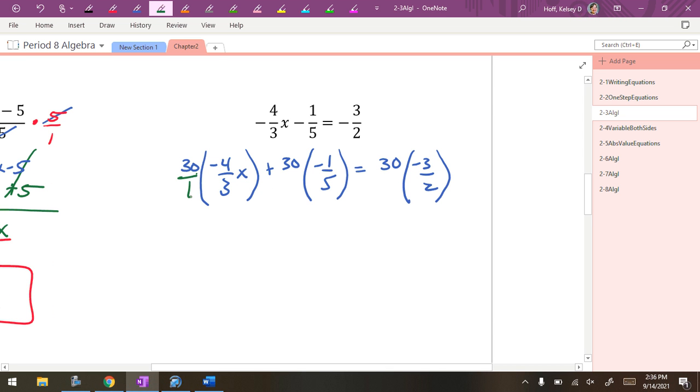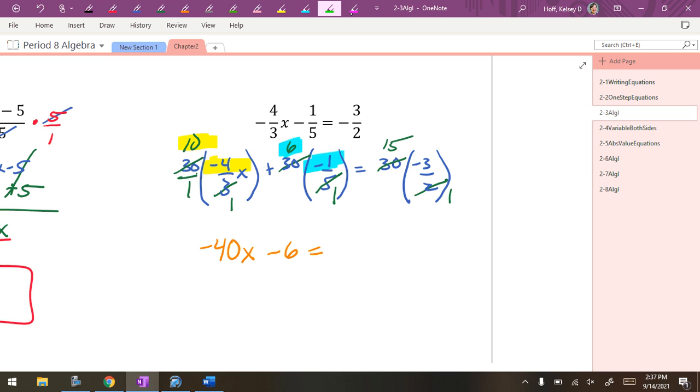Okay, so here's where we got to reduce. 3 goes into 3 once. 3 goes into 30 10 times, then multiply. 10 times negative 4x, negative 40x. 5 goes into 5 once, into 30 6 times. 6 times negative 1, negative 6. 2 goes into 2 once, into 30 15 times. 15 times negative 3, negative 45.